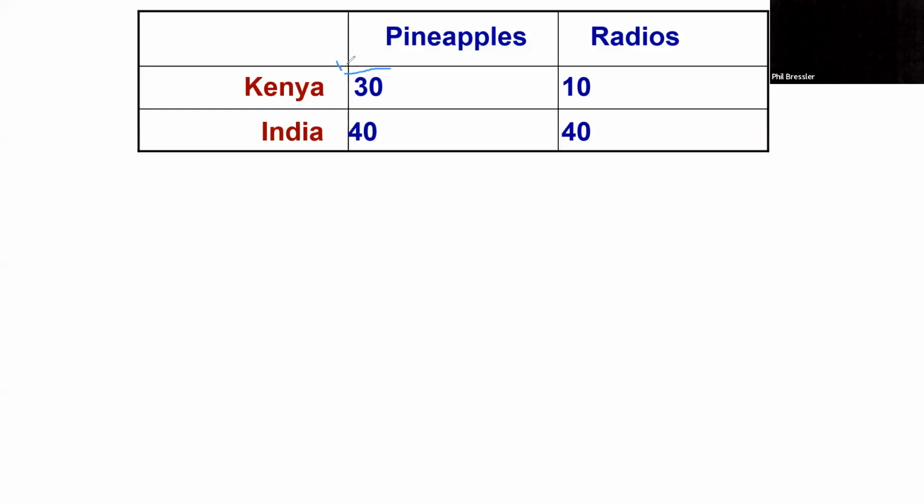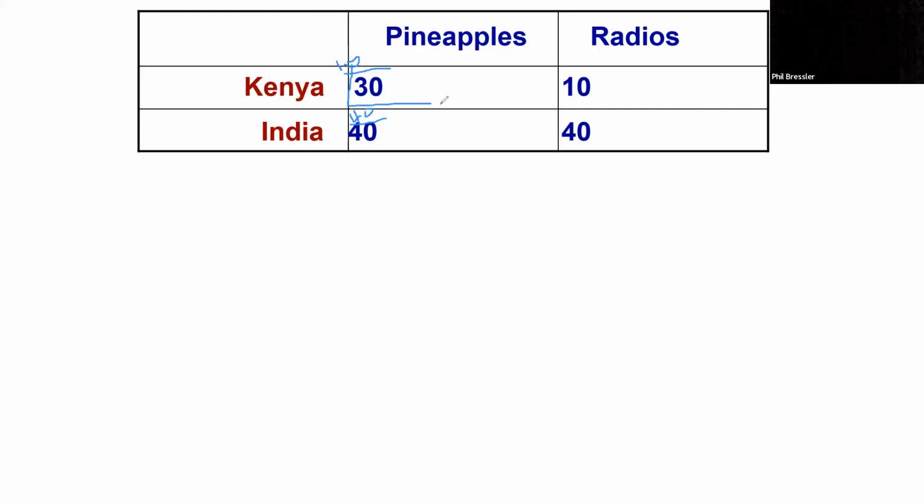Output equals other over. Now for India, the other is radios, 40 over 40, which is 1. 10 over 30 is a third.